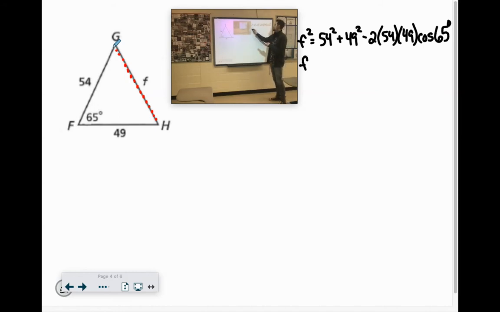You get f squared equals 3080.5. And we have to square root that still. We'll get an approximate number here. It's a square root answer, 55.5, approximately. Great.